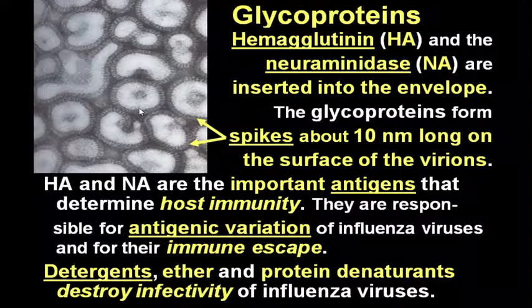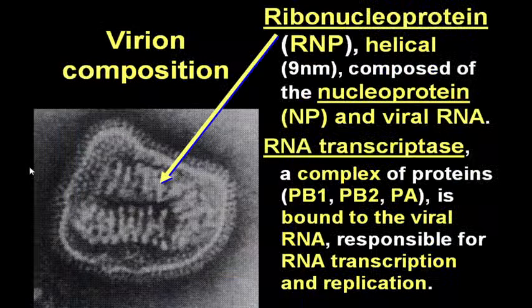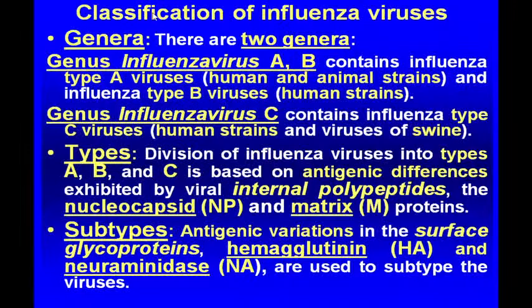They are more resistant to disinfectants and detergents. So this is a matrix, and you know it is important in morphogenesis of the virus. There's a ribonucleoprotein that is bound with the nucleic acid to form ribonucleocapsid.